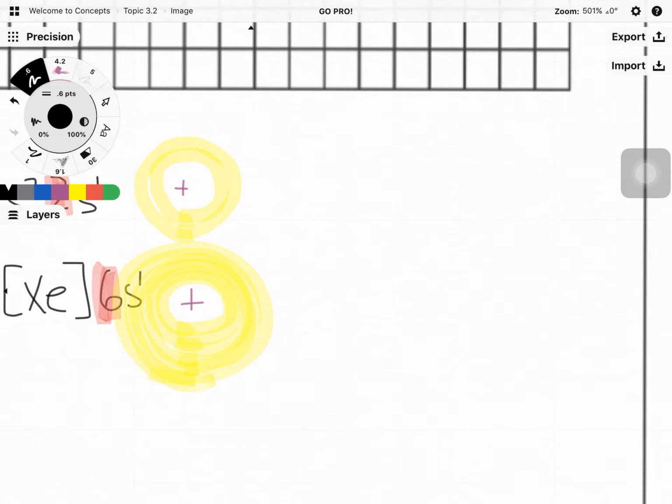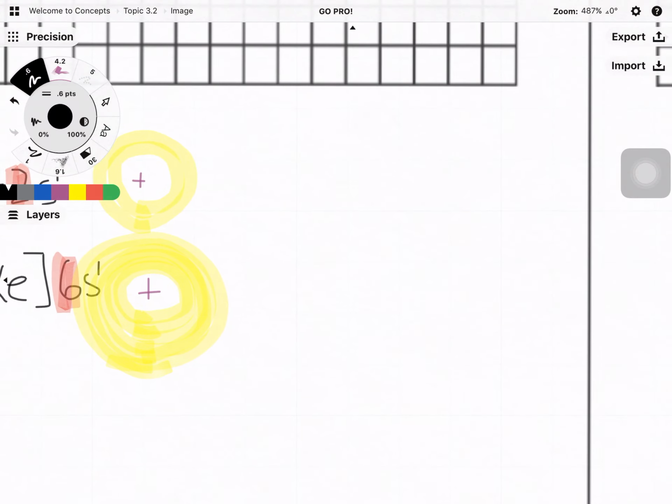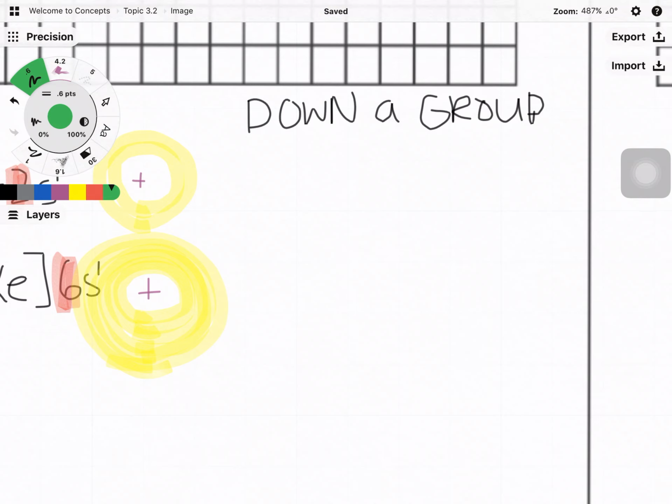So let's write that down before we forget. So as we go down a group, what happens is we increase the number of energy shells. Okay, an increase in the number of shells means that the furthest electron is farther away.